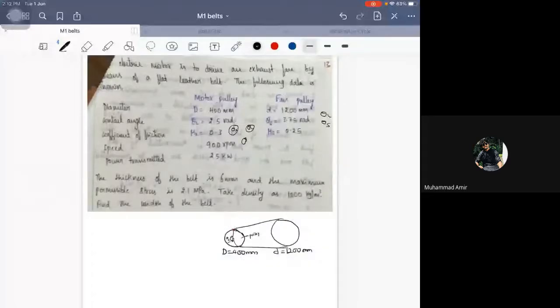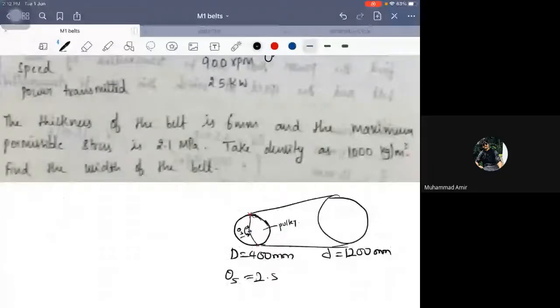Theta S is 5 radians. Radians in the sense that it is half a circle. Theta L of the larger pulley is how much? 3.75 radians.